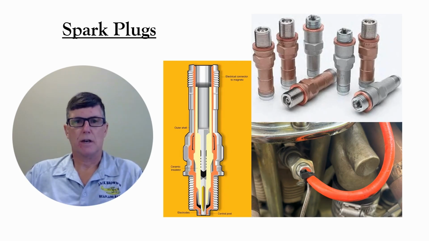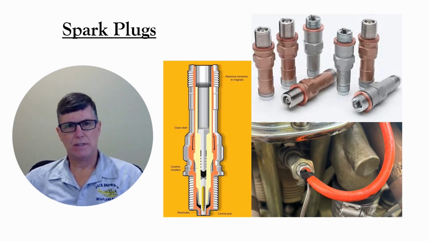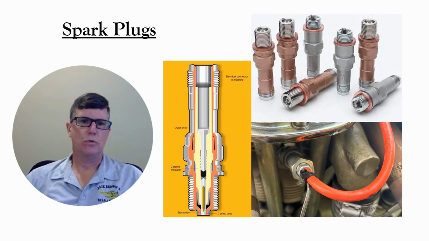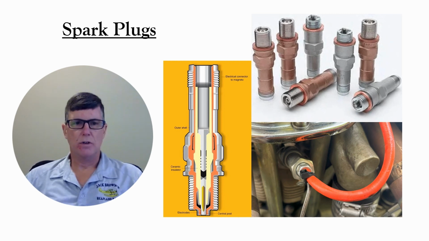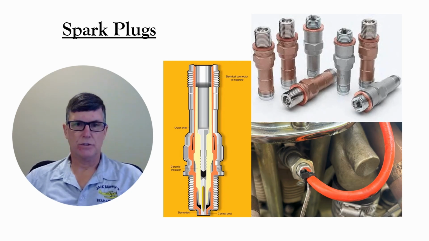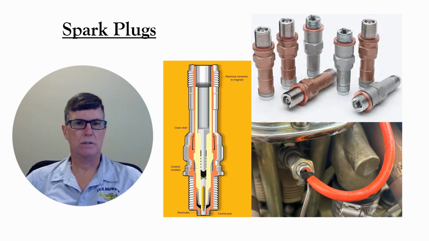These two parts are separated by an insulator through most of the spark plug. In the part that sticks into the cylinder, the two are separated by an air gap. When the magneto produces a high voltage, electricity arcs across that air gap. That is the spark that ignites the fuel and air mixture in the cylinder.